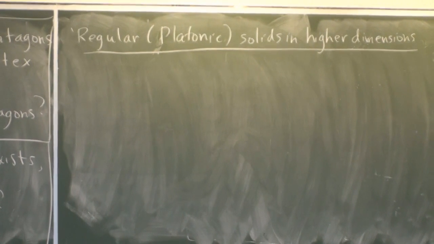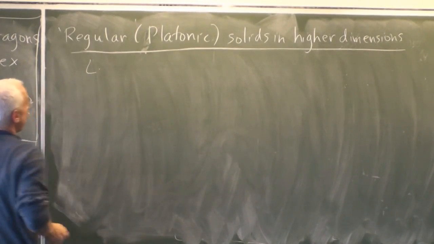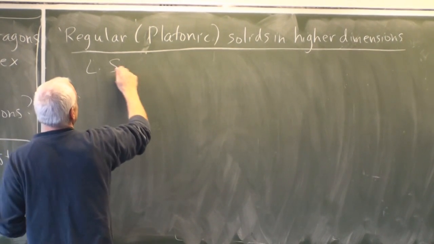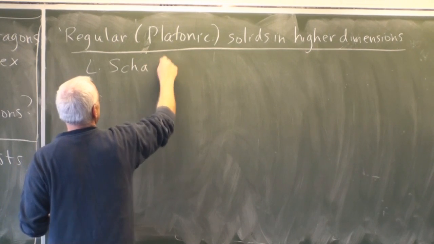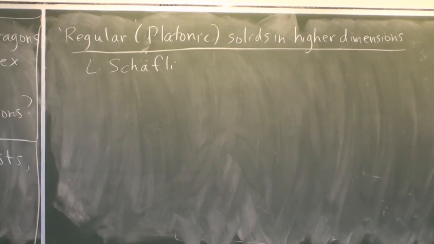This was all worked out in the middle of the 19th century by a remarkable Swiss mathematician named Schläfli. And I hope I'm spelling it right, and there might be an umlaut there somewhere. Okay. In the 1850s, perhaps, he figured out what are all the possibilities.